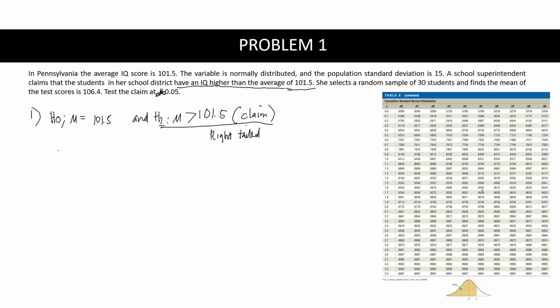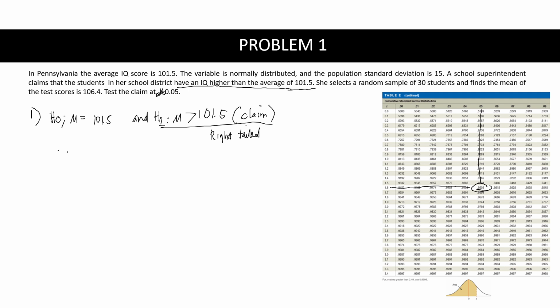So 0.95. We have to select here the closest one, 0.9500. Therefore, that is 1.65.